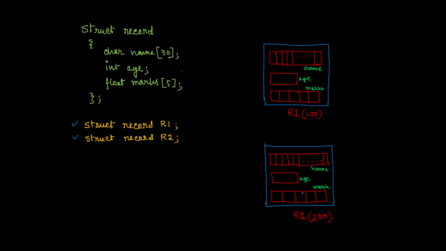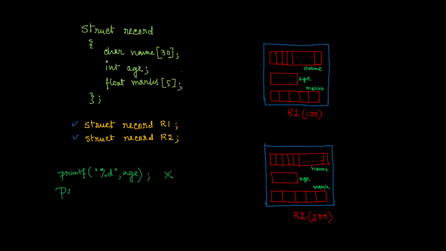Okay. And now how can we access this age? If you write printf %d age, it's wrong. You will get a syntactical error.